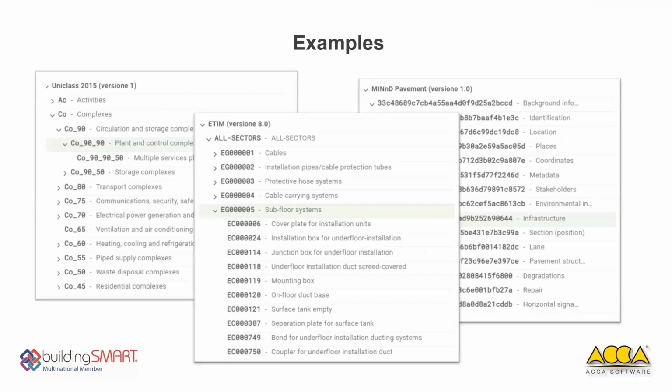Some examples of what you can find in the buildingSMART data dictionary. We can see some codes, basically, and this buildingSMART data dictionary is divided into domains where these dictionaries and the classifications are stored.